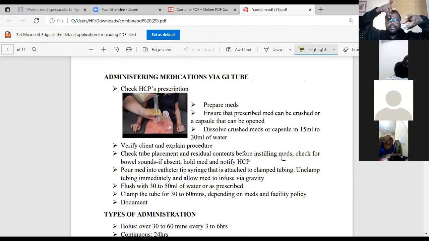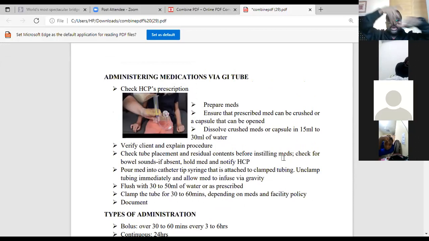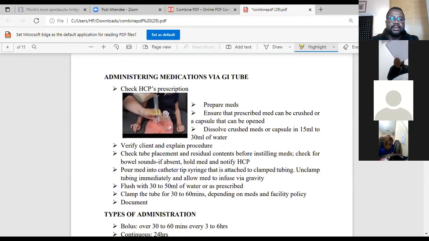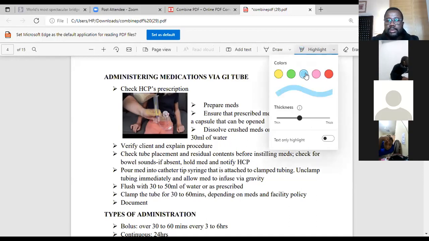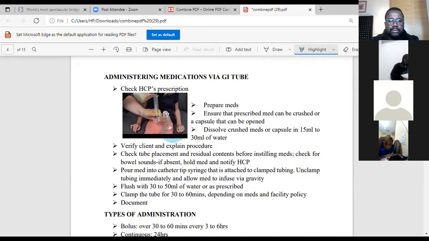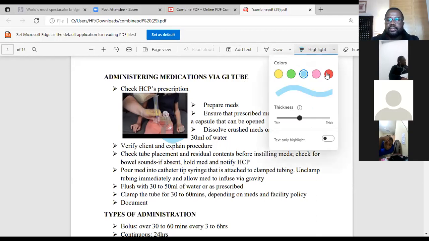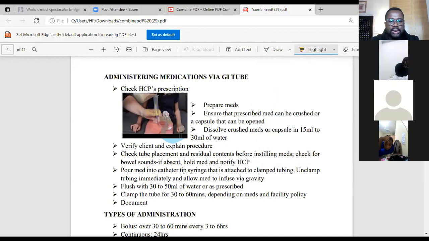Please don't use the plunger of the syringe to infuse the medication and the feeding. When you pour, allow it to go by gravity. This is a clamp here.